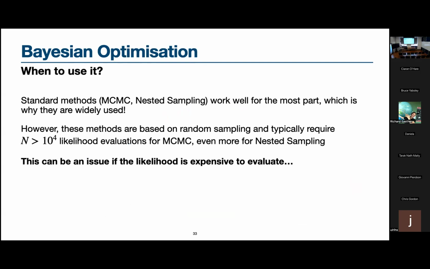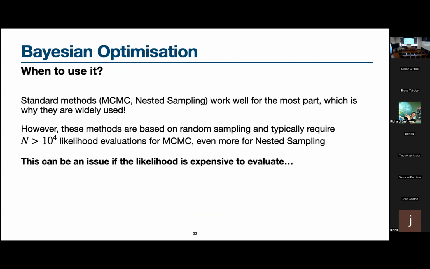And we would like to figure out if we can maybe simplify or provide certain improvements in efficiency in certain situations. So these standard methods, MCMC or nested sampling, they work well for the most part, and they're widely used for the same reason. But there is one issue. These methods rely on random sampling, which is both a blessing and a curse.